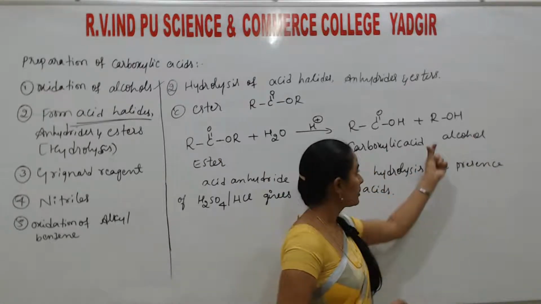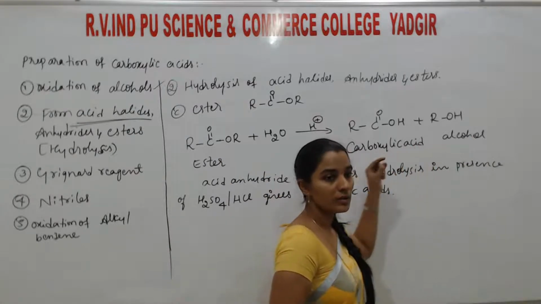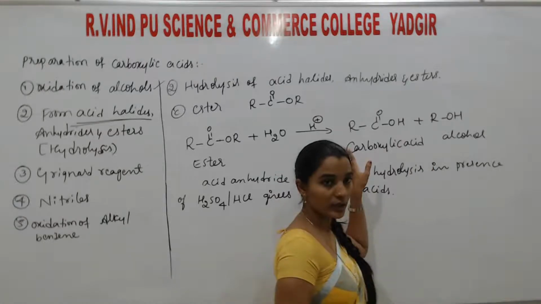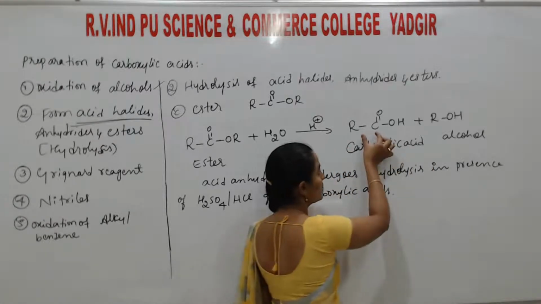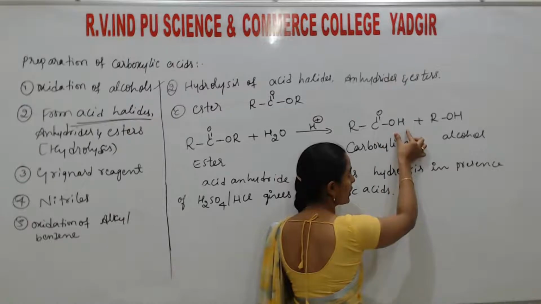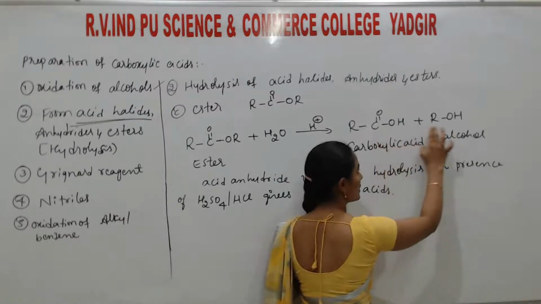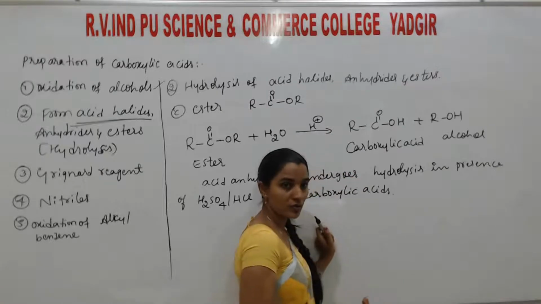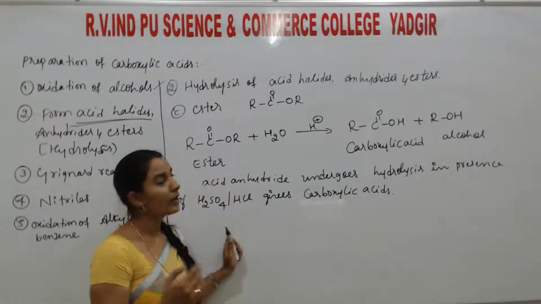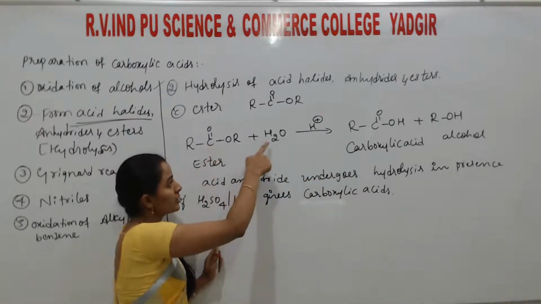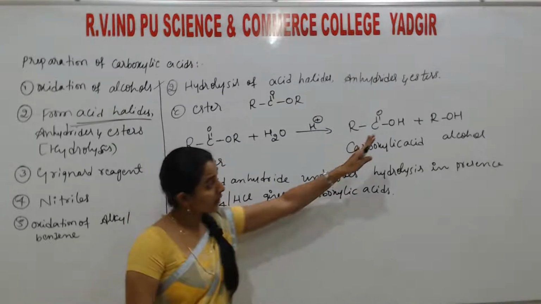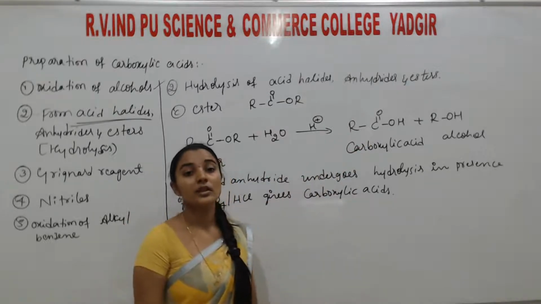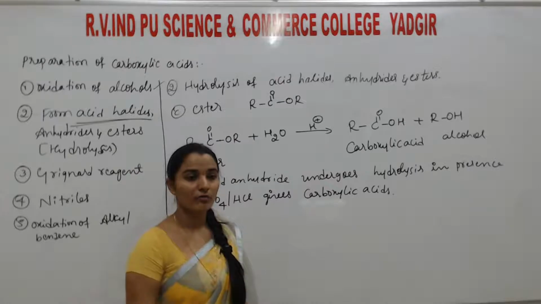Remember students, it is a reversible reaction if we use concentrated H2SO4. Listen, when this RC double bond OH, carboxylic acid, reacts with alcohol in presence of concentrated H2SO4, removal of water molecule takes place and they form ester. The reversible reaction is the esterification reaction, which is important for 2 marks.